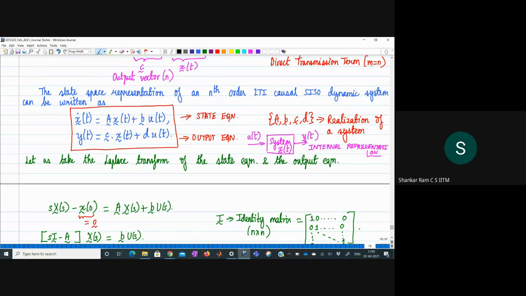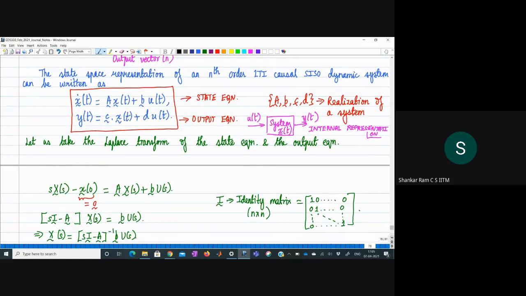That is the basic idea. And we saw that for a typical single input, single output linear time invariant causal dynamic system, the state equation takes the form x dot equals Ax plus Bu, and the output equation takes the form y of t equals Cx plus Du.